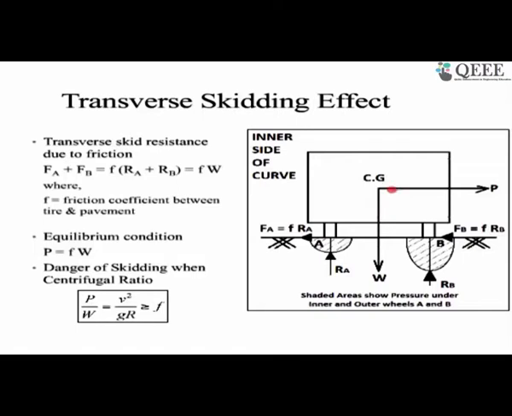In equilibrium, the centrifugal force P is equal to the resistance, f times W. So P is equal to f W. Putting this back, P by W, which is equal to v square by gR, if it is more than f, then there is a danger of skidding.